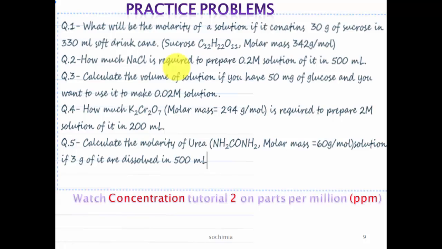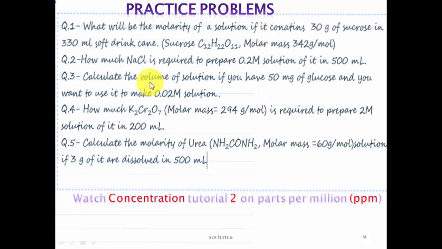It's just like the example we have just seen. 0.2 is the molarity, 500 ml is the volume. Sodium chloride's molecular mass is 58.5, which can be put there to calculate how much mass we need to dissolve in this 500 ml.